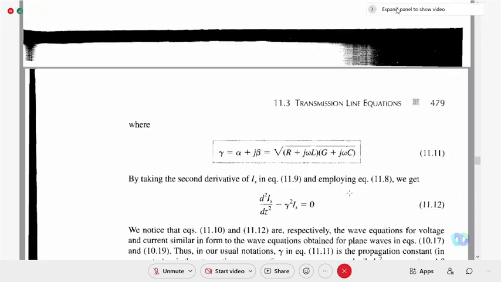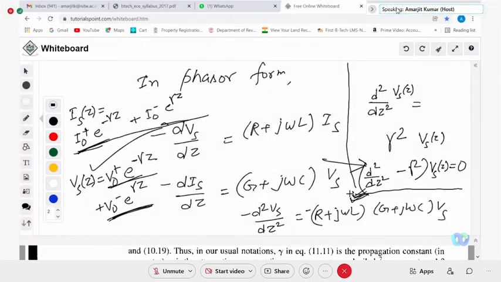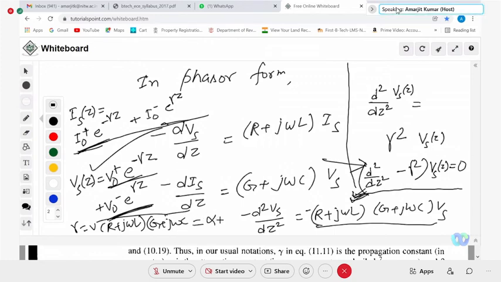Gamma is the propagation constant that you know. Gamma square you wrote here, so gamma will be equal to the square root of R plus j omega L into G plus j omega C. This is equal to alpha plus j beta.